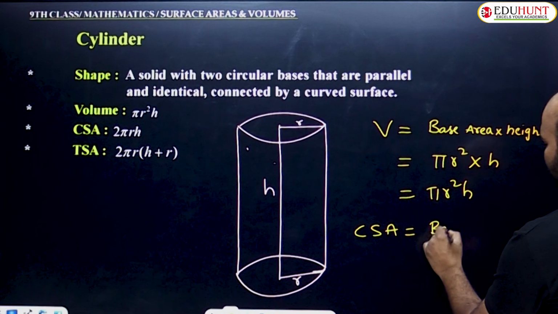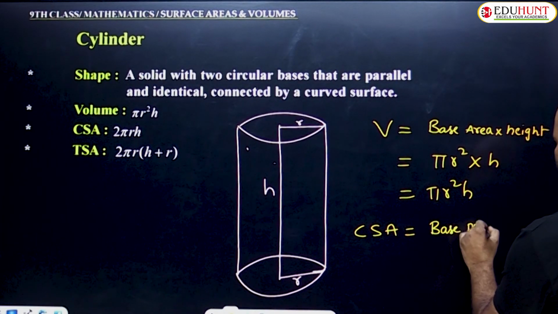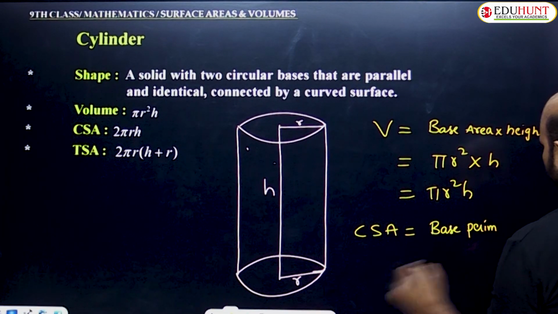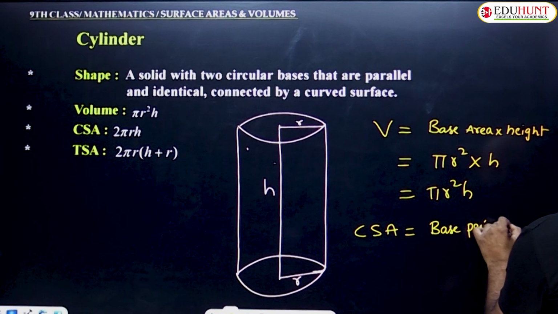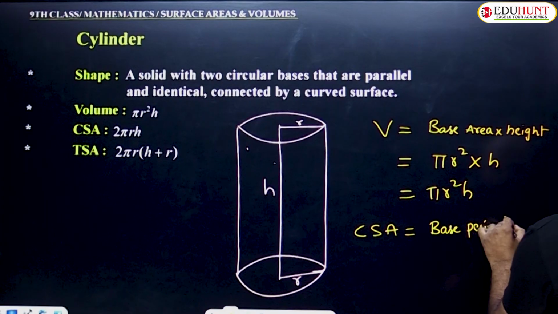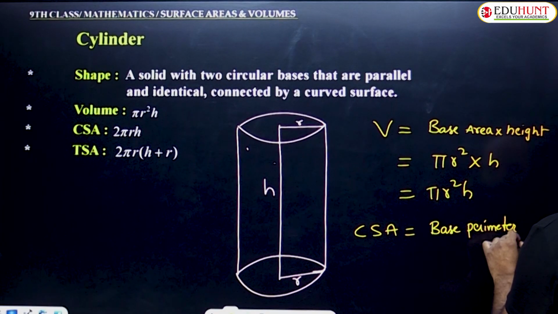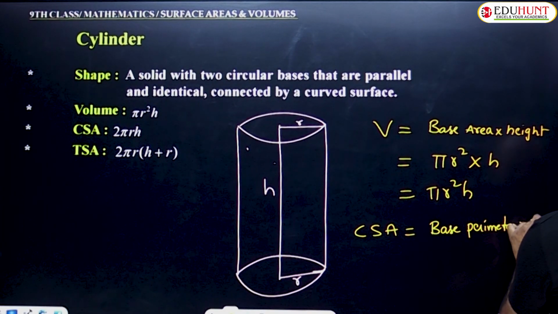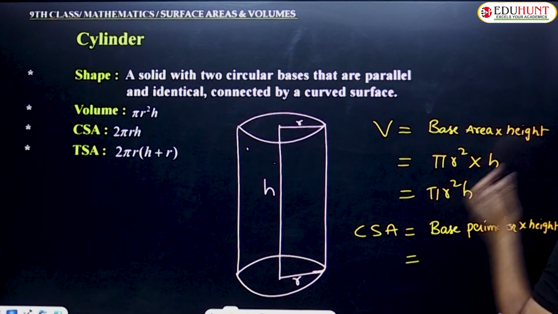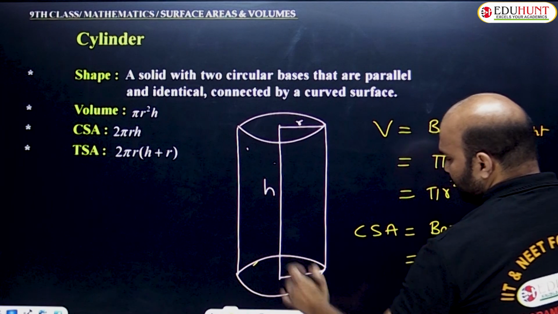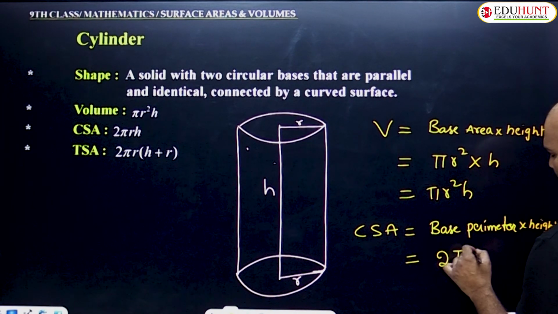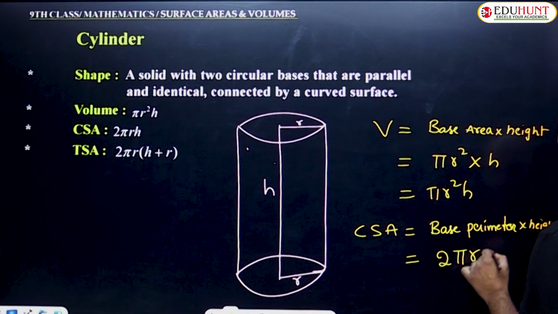The base perimeter is the perimeter of the circular shape, so 2 pi r, into height h.